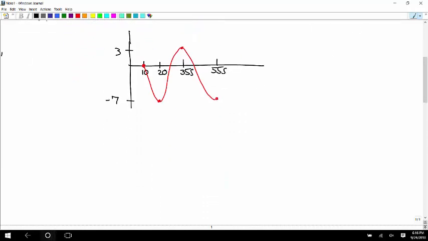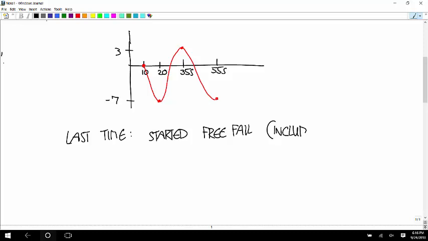Okay, so the last thing we talked about, last time we started talking about free fall. And when I say free fall, I'm talking about things falling straight down and things that are launched into the air. So this includes projectile motion.